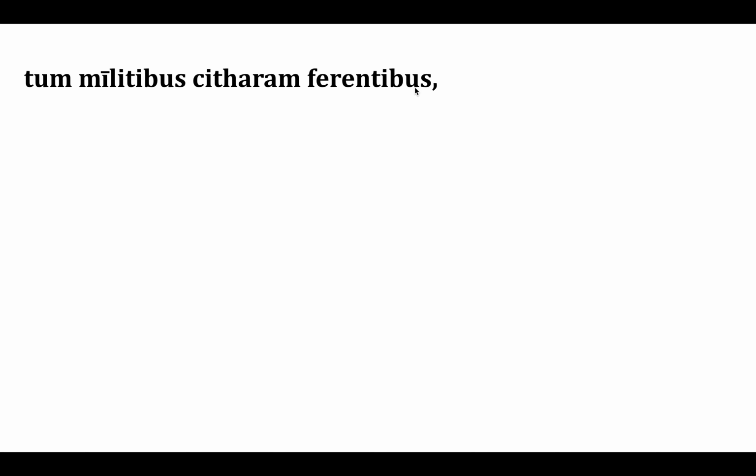So now you've got to think, okay, I've got an ablative noun and an ablative participle. And when that happens, we're talking about an ablative absolute. So with someone doing something. So then, with the soldiers carrying, and then the object is citharam, which means his lyre. So with soldiers carrying his lyre.